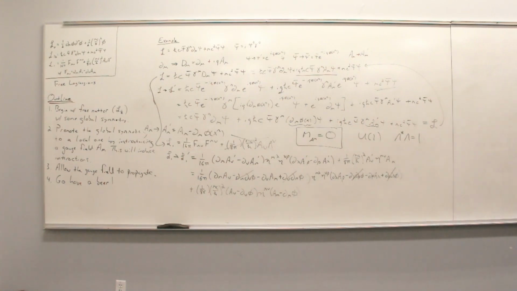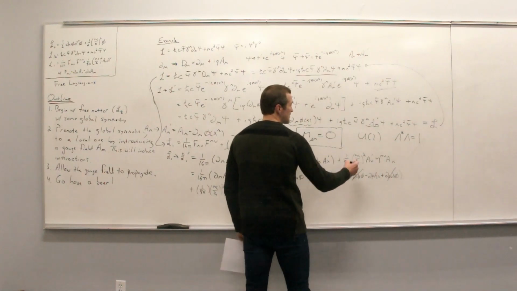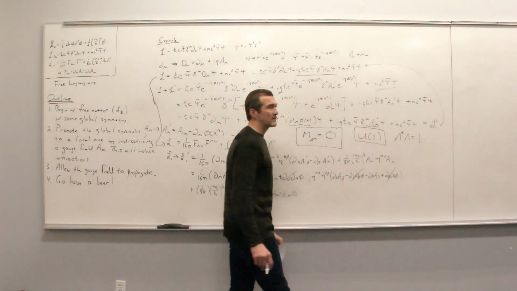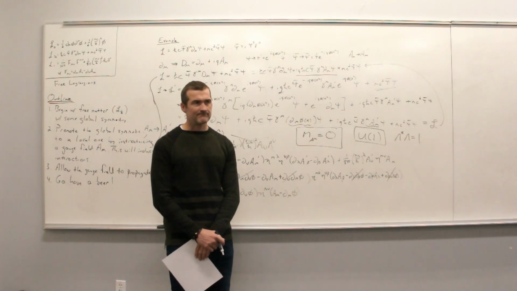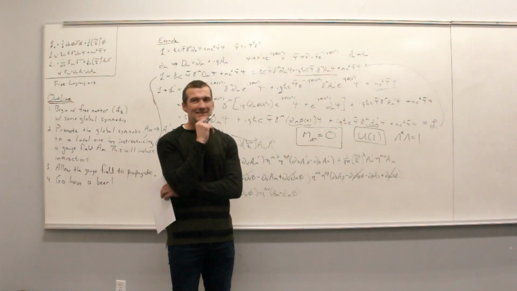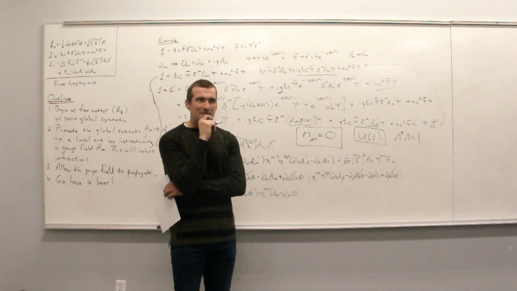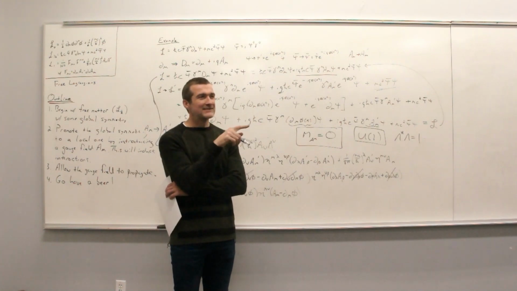All right, now, where is this going to go in the future? Well, what kind of symmetry is U1? What can you tell me about the group U1? Yeah, but it's only one term, so. Yeah, it's Abelian. Did Ross tell you it was Abelian?